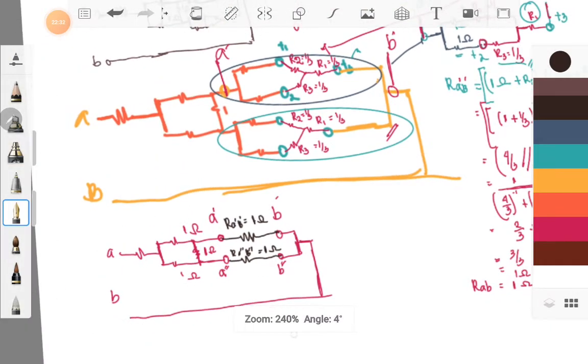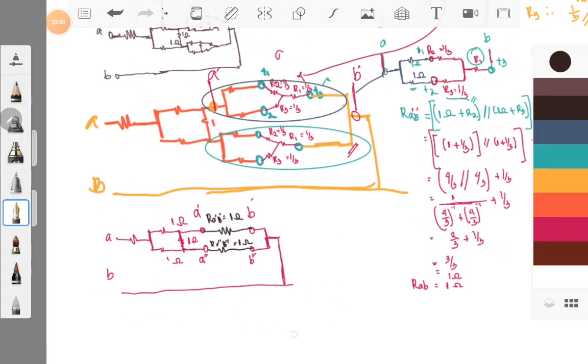Tama? Yan. So therefore, you can see that this figure is, again, there is no direct delta or the direct resistor which is connected in series or connected in parallel. So how will we do it?